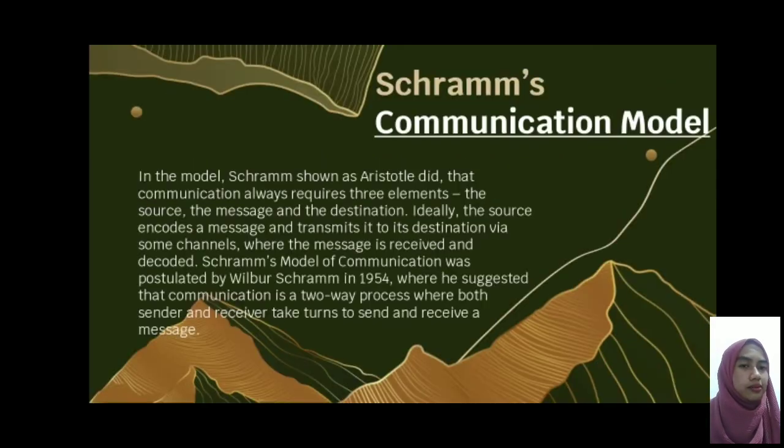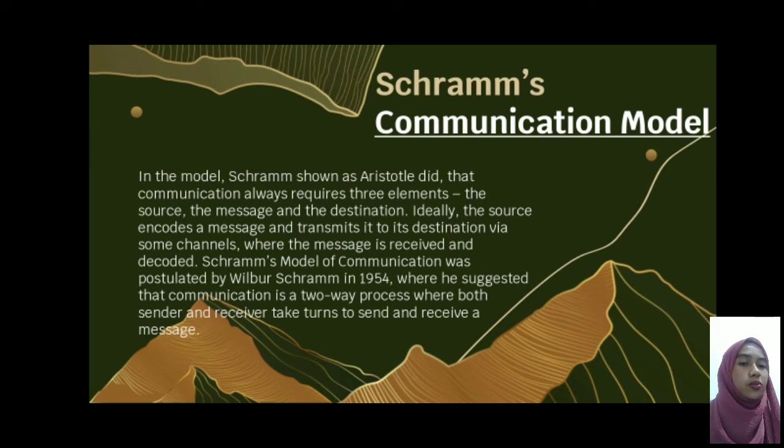And the next, Schramm's communication model. In the model, Schramm shows, as Aristotle did, that communication always requires three elements: the source, the message, and the destination. Ideally, the source encodes a message and transmits it to its destination via some channel, where the message is received and decoded.